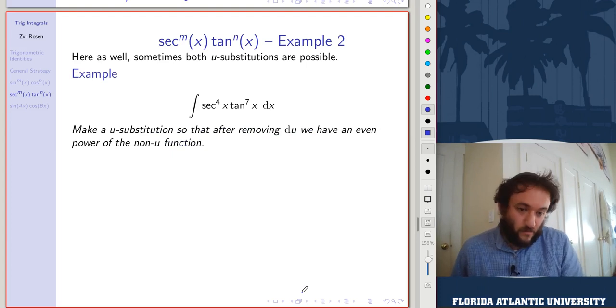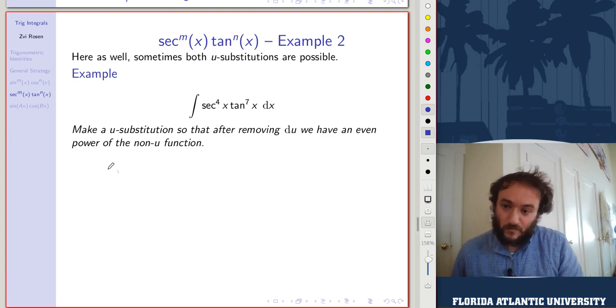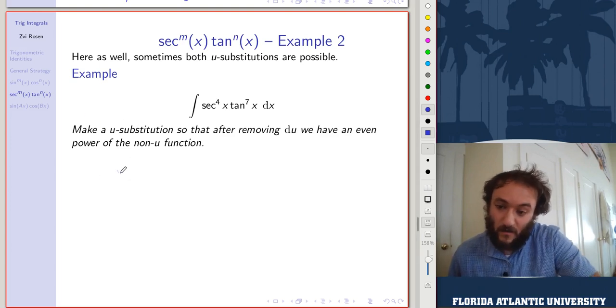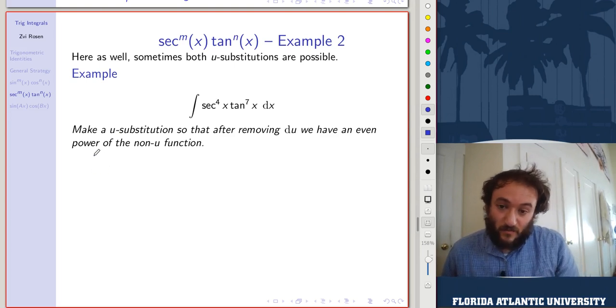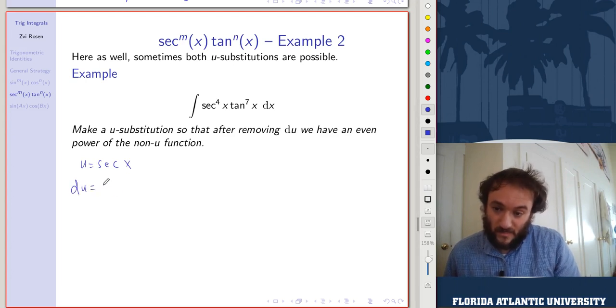Okay, just like with sine and cosine, sometimes both u substitutions are possible for a secant and tan problem. So let's see what that looks like here. We have the integral of secant to the fourth x tan to the seventh x. So if we take u equals secant x, then du would be secant x tan x dx.